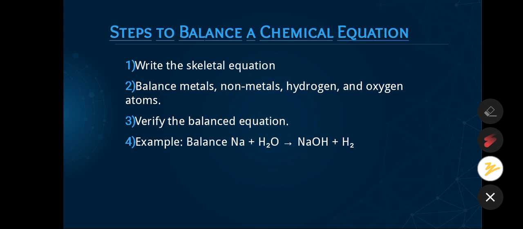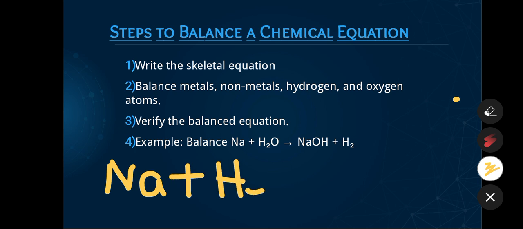Na on this side has one atom. Na on that side also has one atom. H2O on this side has two hydrogen atoms, but on the other side there are three hydrogen atoms. So what do you do here? Let me write this equation, then I will tell you.